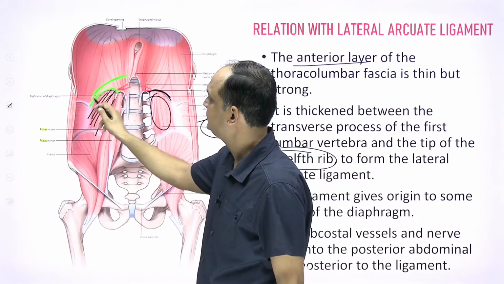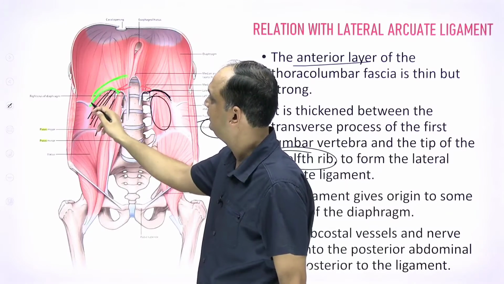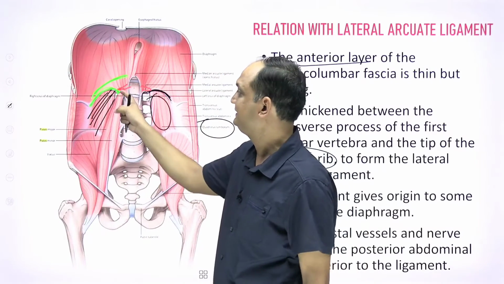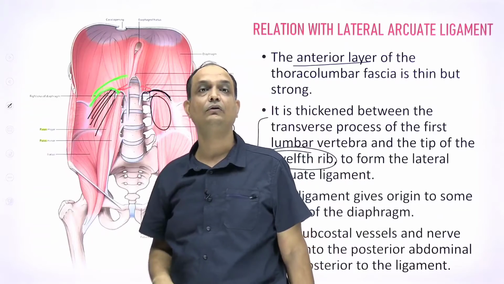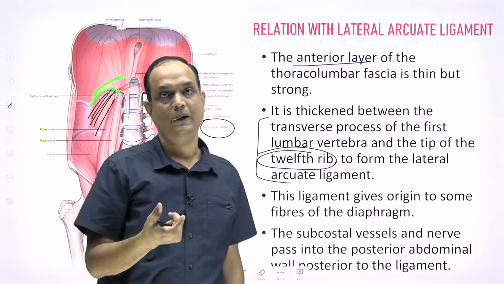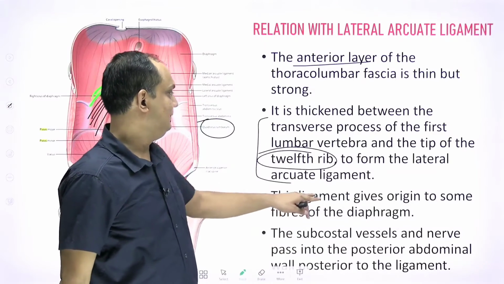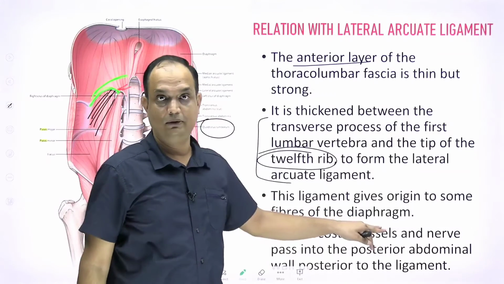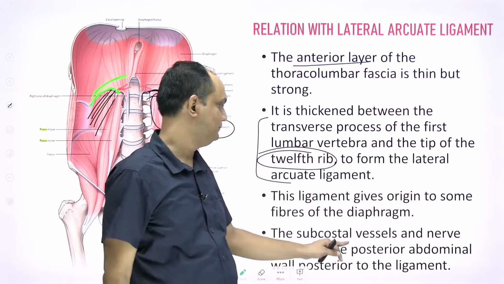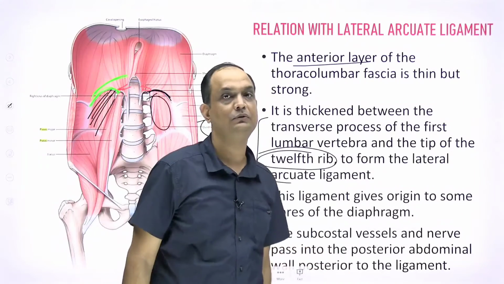So this extension from the transverse process of L1 to the tip of the 12th rib, this thickening of the anterior layer of thoracolumbar fascia, is known as the lateral arcuate ligament. Now, this ligament gives origin to the fibers of the diaphragm also, and the subcostal vessels and nerves pass into the posterior abdominal wall posterior to the ligament.